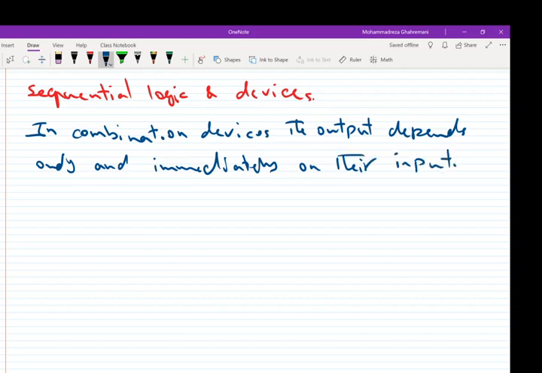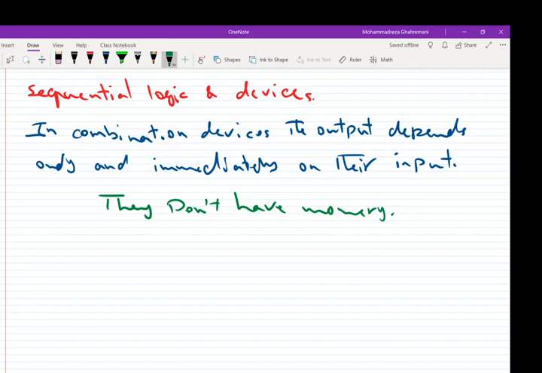If I want to summarize this sentence, I can say they don't have memory. So the combinational circuits, they don't have memory.